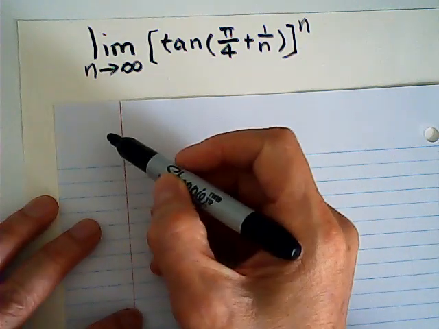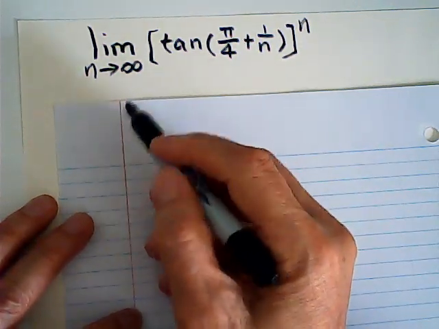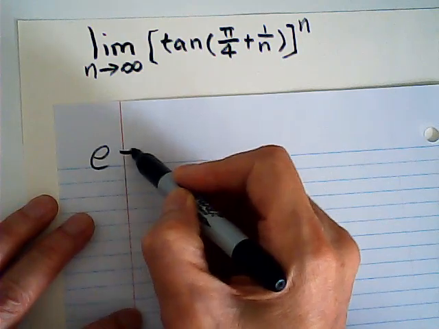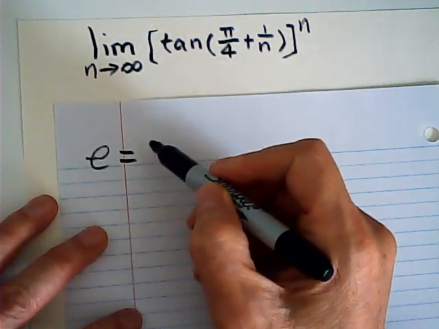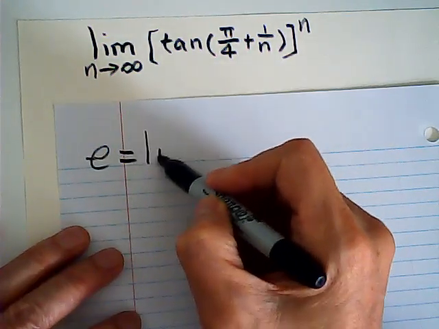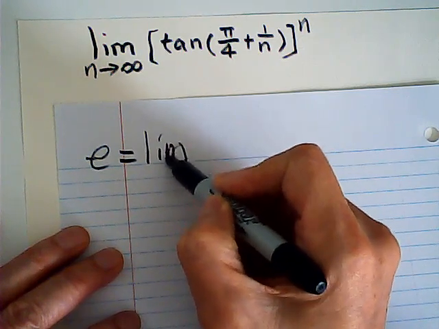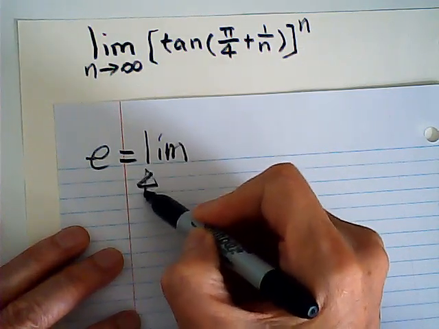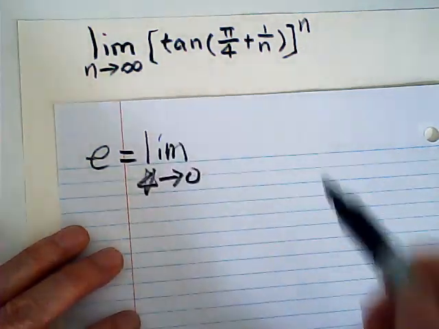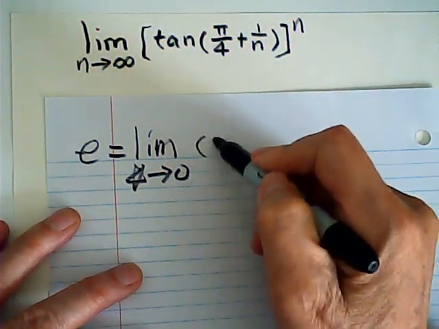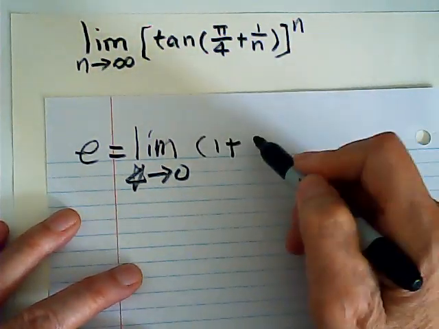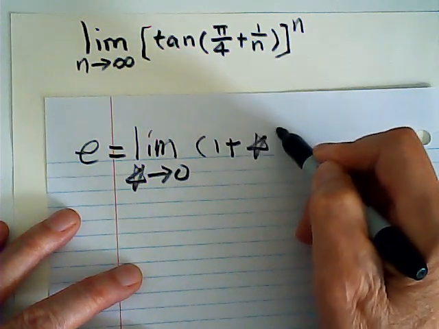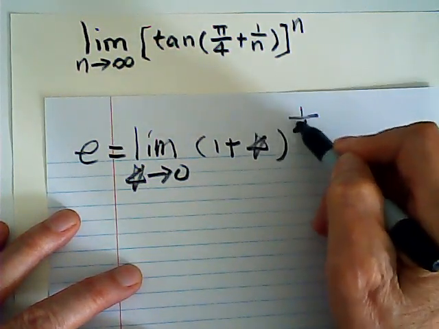Now, the first is that e could be this limit: as something goes to 0, 1 plus something, to the power of 1 over something.